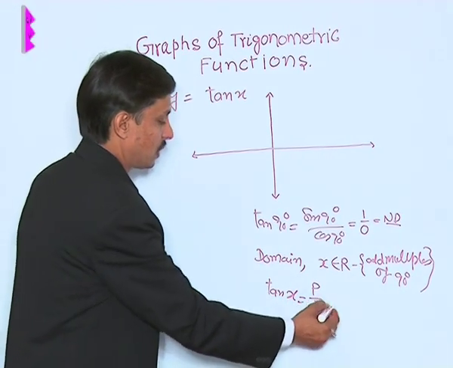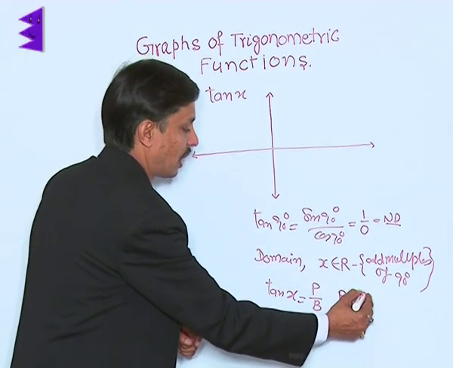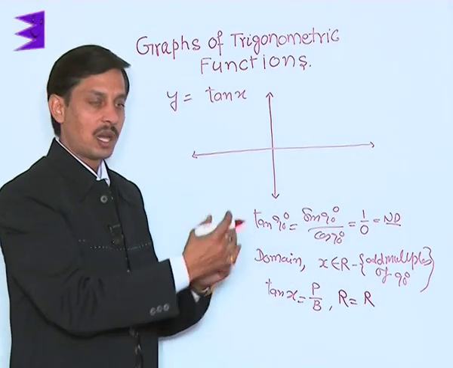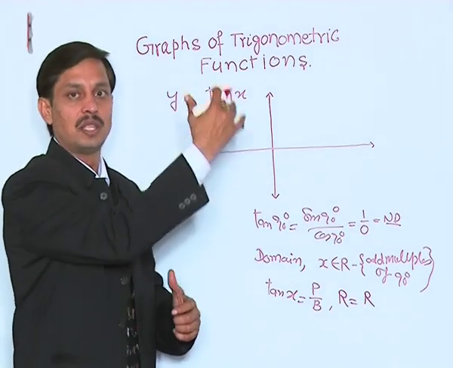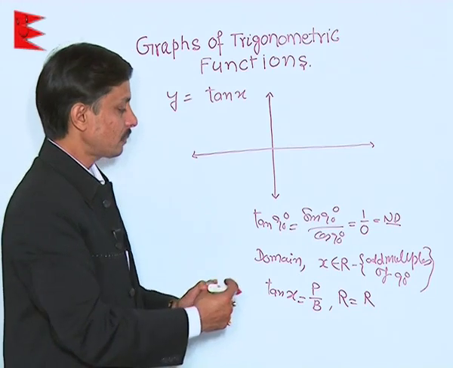Its range is every real number, because the graph of tan goes from minus infinity to plus infinity.